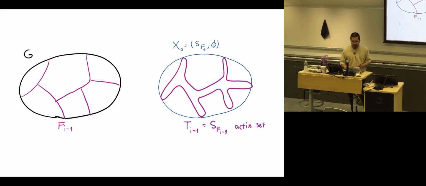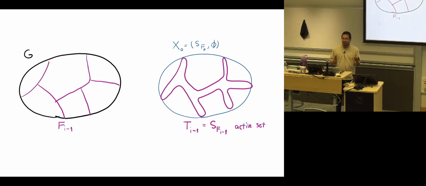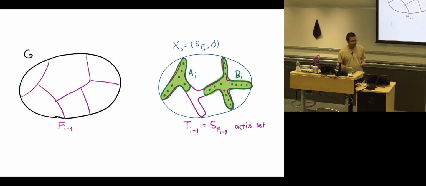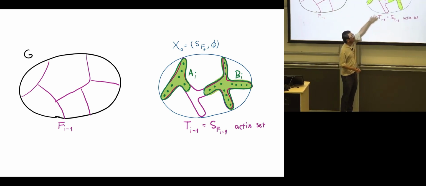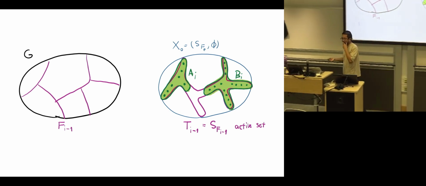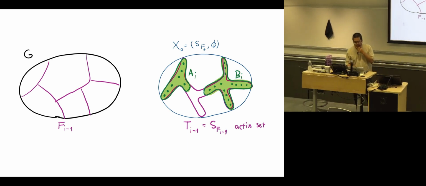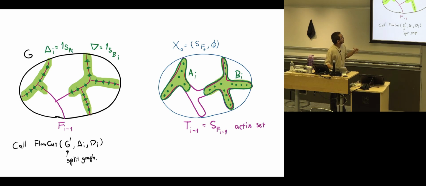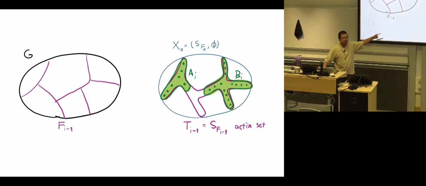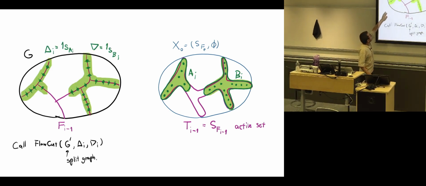And what will happen in this round? First, the cut player will choose some A_i and B_i, some sets from the active set, left and right. Then we try to send flow from A_i to B_i.